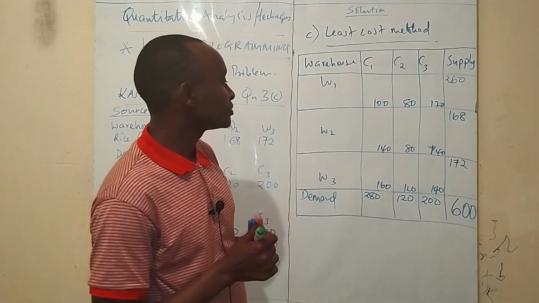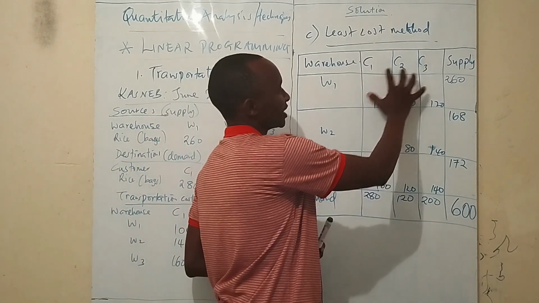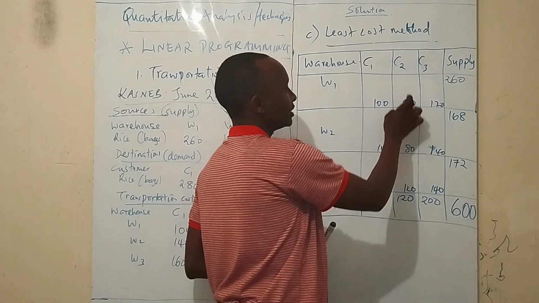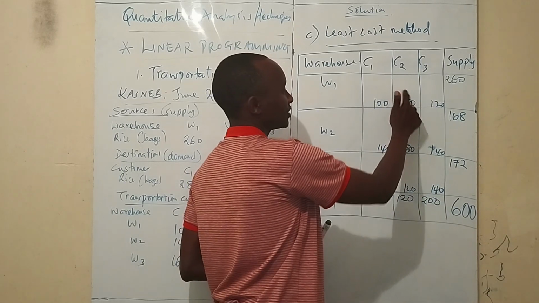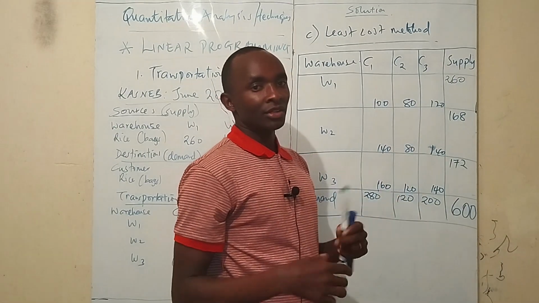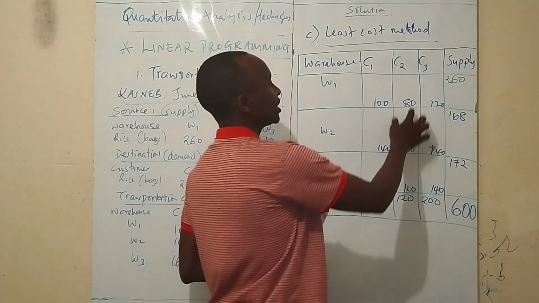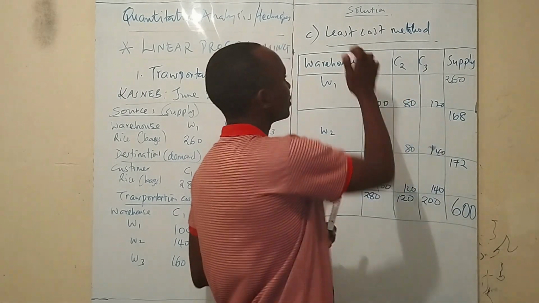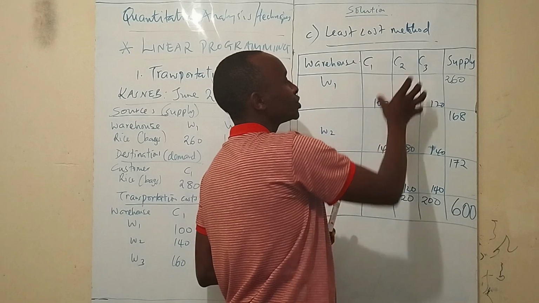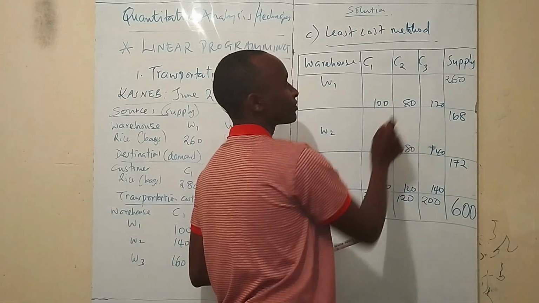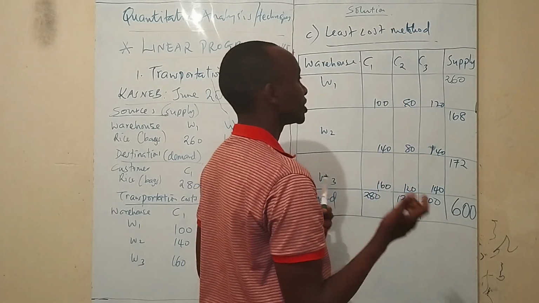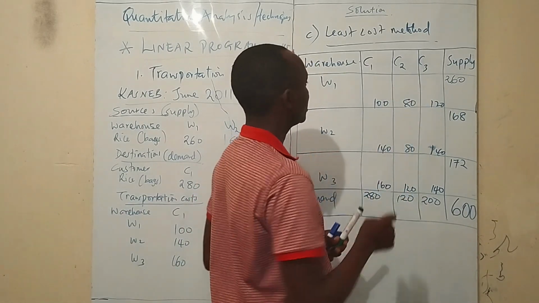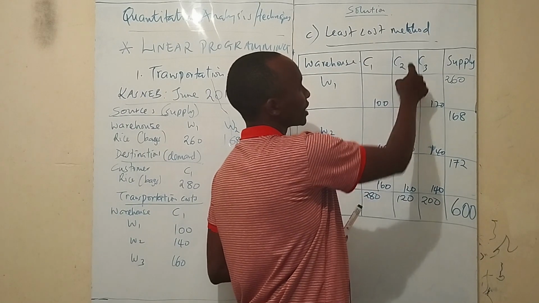So the smallest I can see from these figures is 80, but there is a tie of 80, 80. So when there is a tie, you take either. So since we have 80 and 80 being the least cost, now we are going to allocate as much as possible to one of them. So in this case, let me just take the first one here, the warehouse 1 and customer 2.